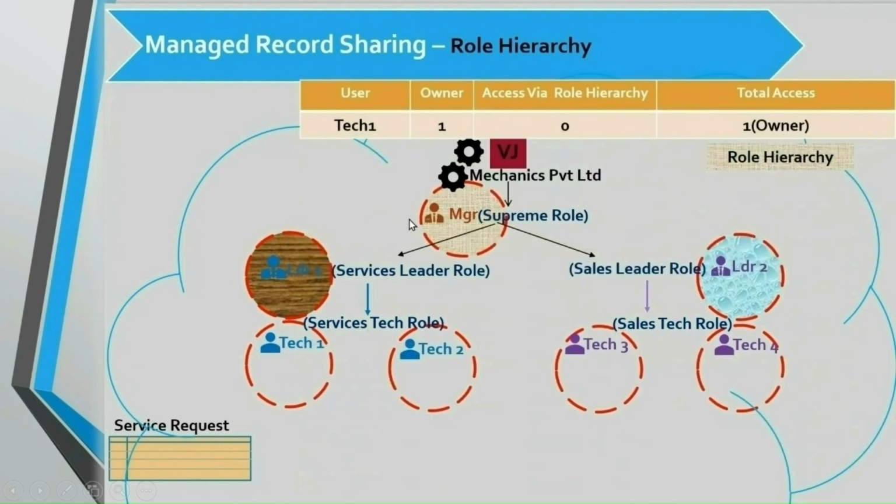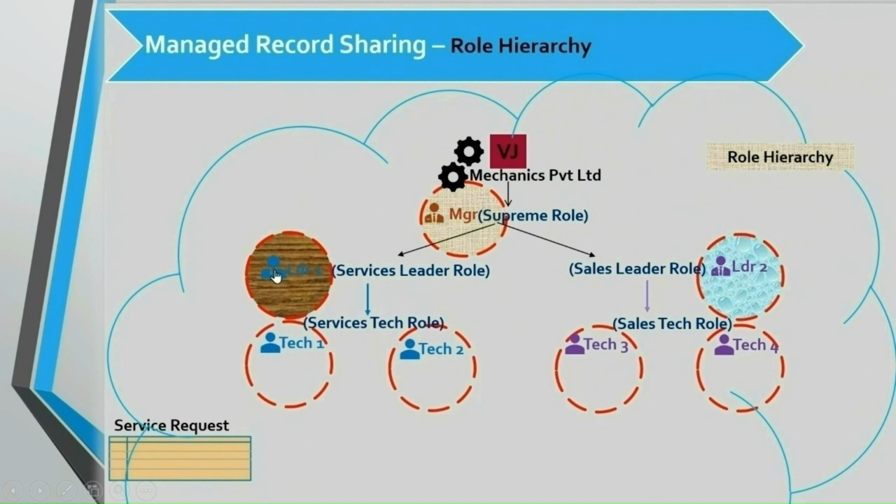He would have only one record access, that is, he is the owner of the record that he has created, and he will not get any other records from his role hierarchy as he is at the bottom in the role hierarchy. Same way, Tech 2 will have only the one record access that he has created.